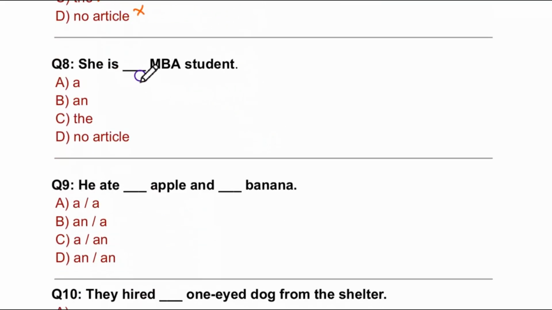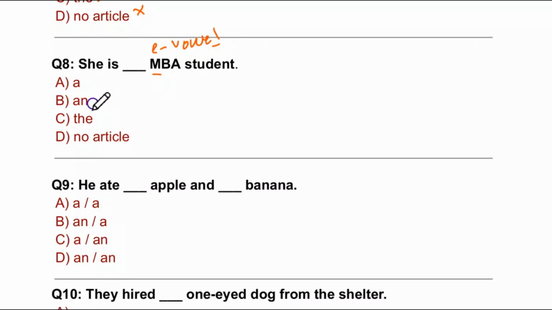Question 8. She is blank MBA student. MBA: the first letter is M, but the sound is em. So the sound is E, and that is a vowel sound.